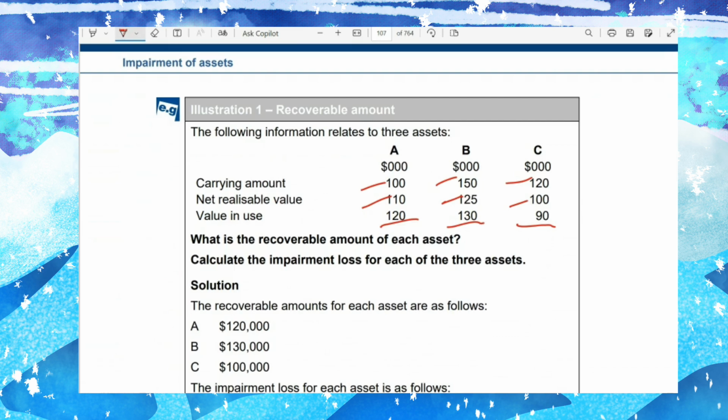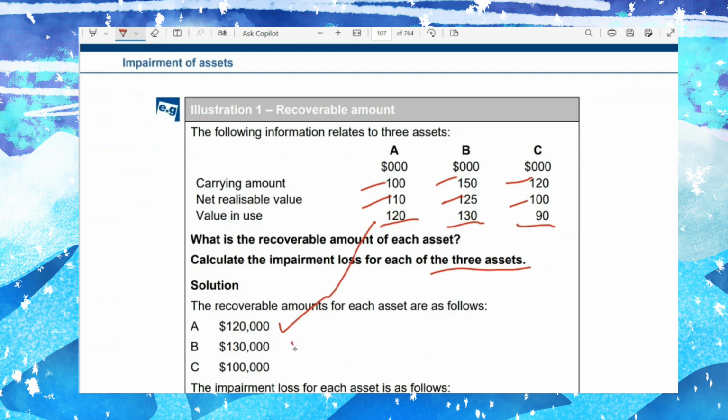So what is the impairment loss of these three assets? Asset A's recoverable amount is 120,000, asset B is 130,000, and asset C is 100,000 according to this one.